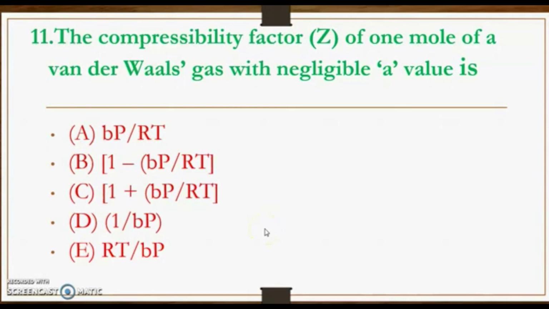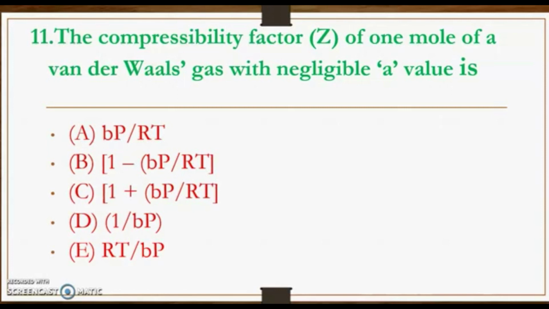The compressibility factor Z of 1 mole of a van der Waals gas with a negligible a value. The a value is given as negligible. And what is compressibility factor? You may have heard about the ideal gas equation. For 1 mole it is PV is equal to RT. PV is equal to RT is the ideal gas equation.